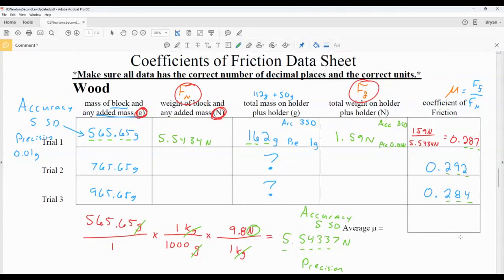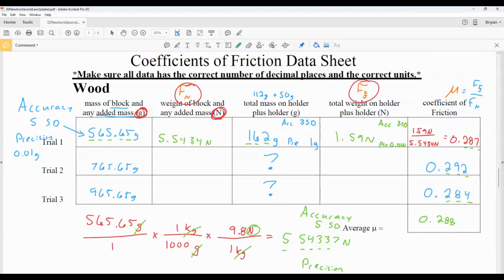It means that I don't want to have a whole bunch of extra sixes on the end. I'm going to round to 0.288. And I believe that's every different combination of things that you need to know.